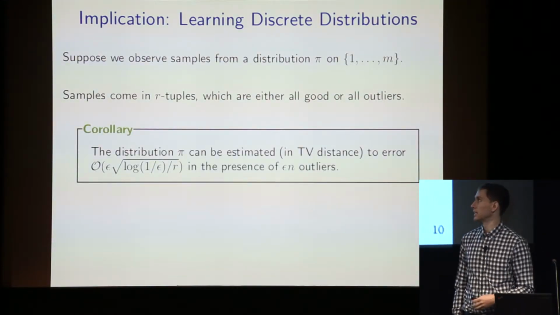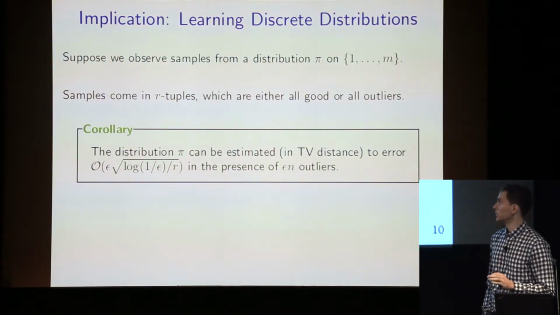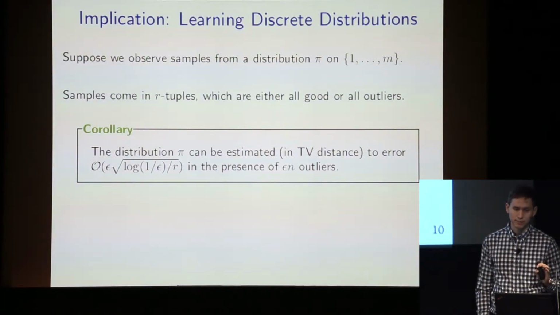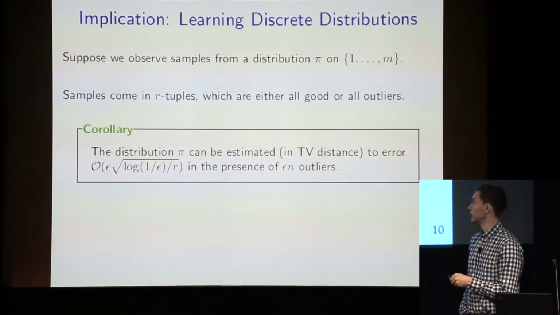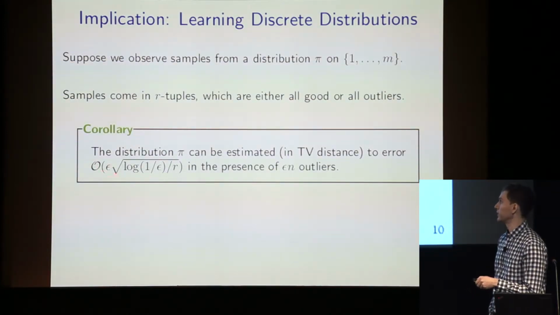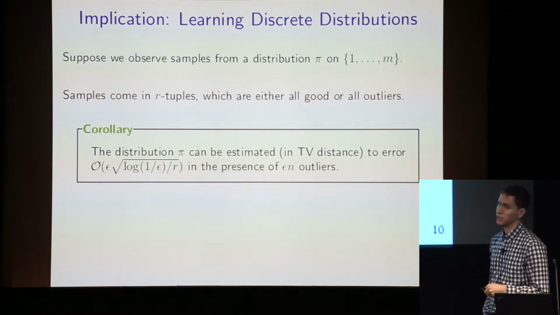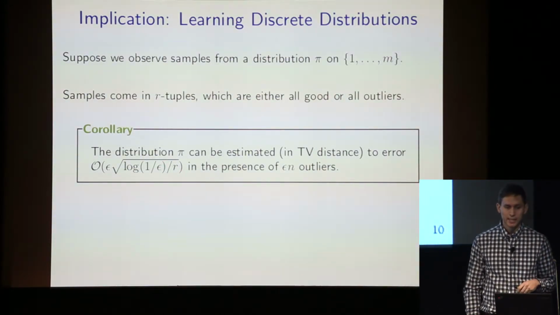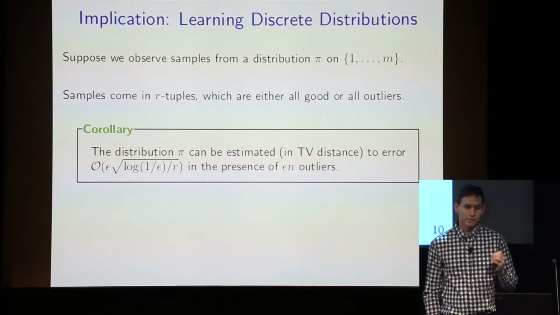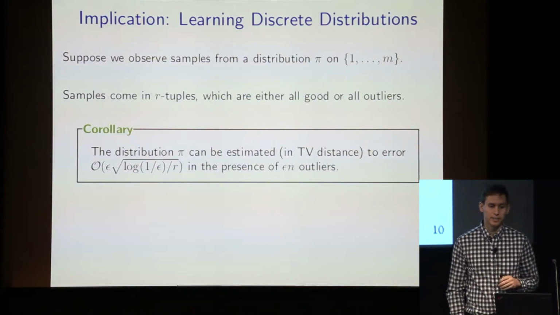And so what we can show is that the distribution pi can be estimated in TV distance to an error that basically, other than this log factor, goes as epsilon divided by the square root of r. So these batches are helping us by allowing us to cancel out error by this root r factor.